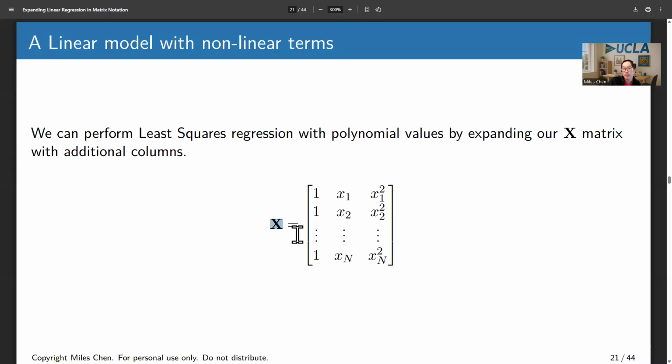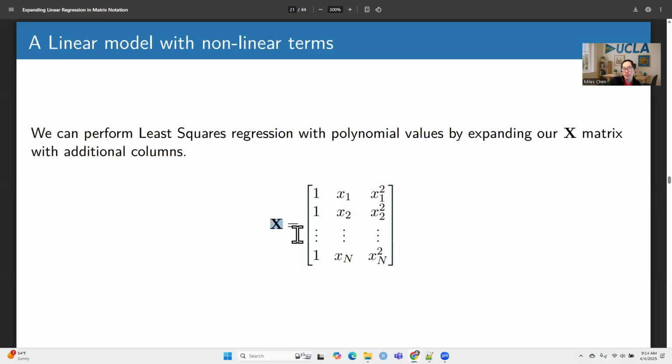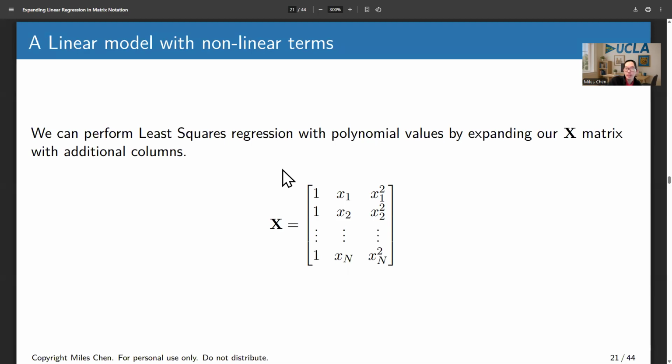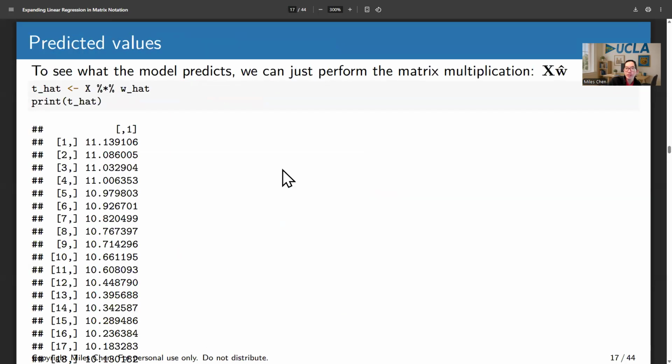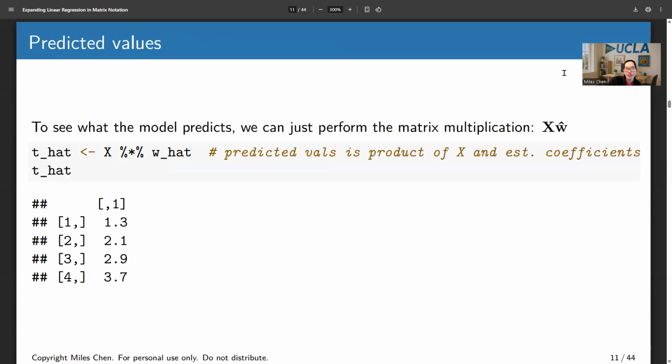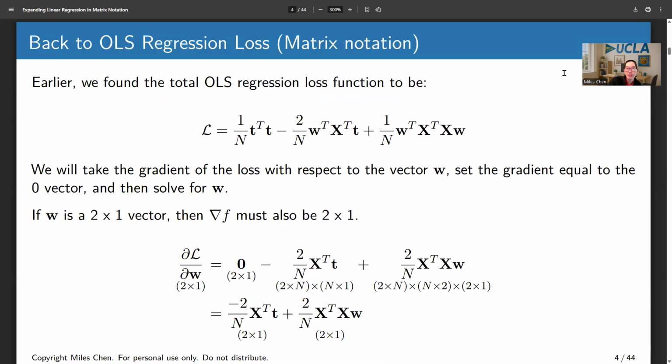Now, one of the nice things about working in matrix notation is that for all of our predicted values, our X times w, going all the way back to here, this loss function remains exactly the same.